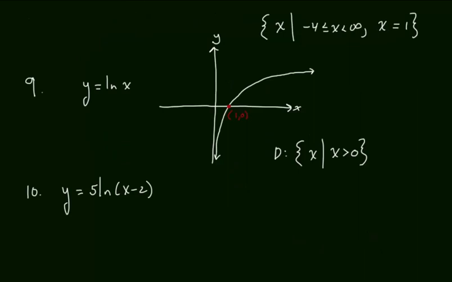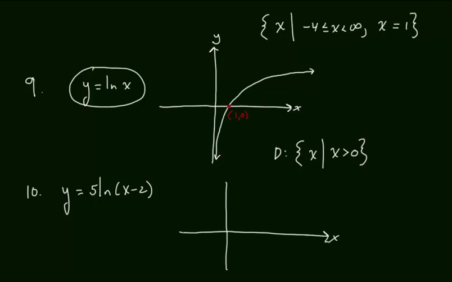In number 10, we are going to consider what we looked at in number 9 and some translations of that. So the 5 is going to vertically stretch this, but that won't have an impact on the domain. This will have an impact. That is going to shift it to the right. So here's our critical point of (1, 0), but if we shift it to the right 2 values, then our x-intercept is now the point (3, 0), and we have a new asymptote.